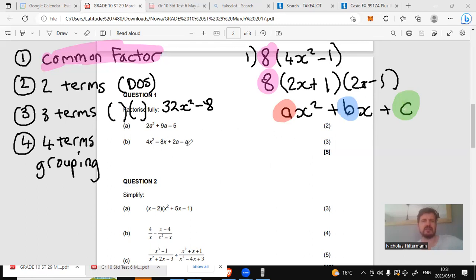Again, like the difference of squares in disguise, this is a trinomial in disguise, in that it's not x, it's a. But it doesn't matter. It's still the same theory.